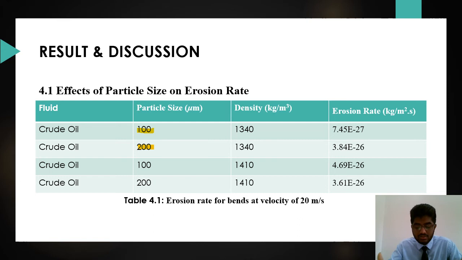This figure also indicates that the rate of erosion augments linearly with the particle diameter. The maximum erosion rate is recorded at 200 micrometer for velocity of 20 meter per second for both densities, which is 3.84 times 10 to the power of negative 26 and 3.61 times 10 to the power of negative 26.